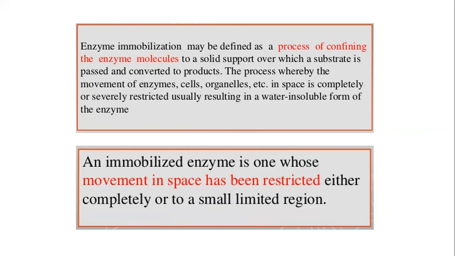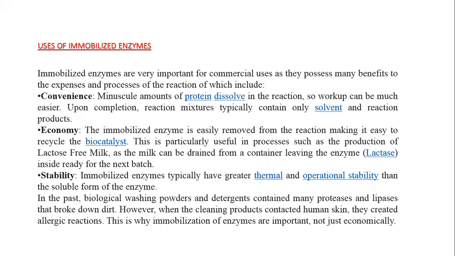It is the process whereby the movement of enzymes, cells, organelles, etc., in space is completely or severely restricted, usually resulting in a water-insoluble form of the enzymes. The immobilized enzyme is one whose movement in space has been restricted either completely or to a small limited region. So there are uses of the immobilized enzyme.